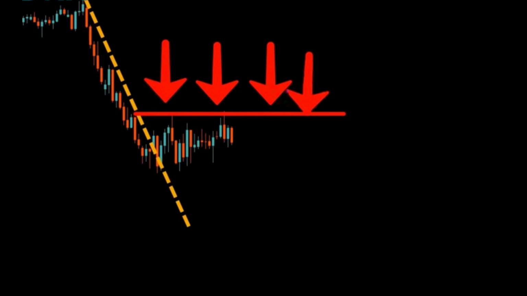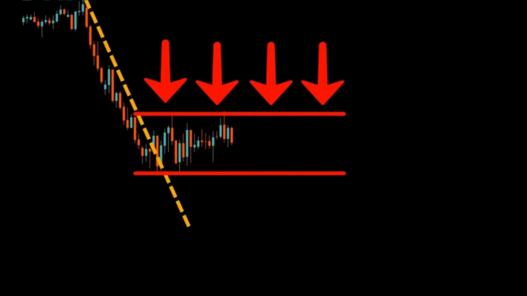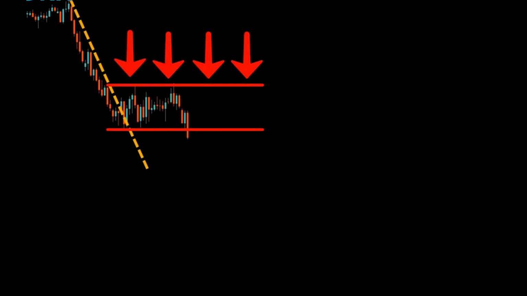So, what's the game plan? Patience. Wait for the market to break below the support area of this sideways pattern, and when that moment finally comes, boom, the price smashes through support, confirming a strong bearish trend. Even better, the breakout candle is powerful with short wicks on both ends, meaning there's strong downward momentum with no hesitation.